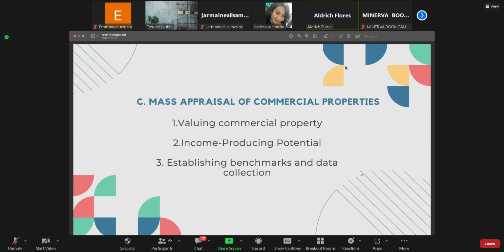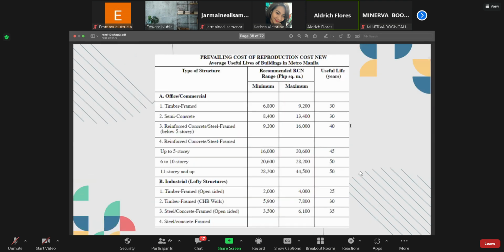At para makapag-create din tayo ng mga inventory properties that will serve as basis for scheduling and conducting assessments. So if kulang daw yung data natin, pwedeng yung staff ni assessor, pwedeng mag-conduct ng inspection to gather additional information for accurate assessments. So next slide po. Ito pinakita lang dito yung prevailing cost reproduction cost new. So next slide po.